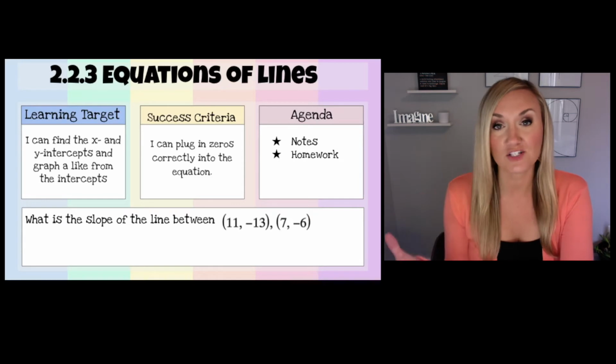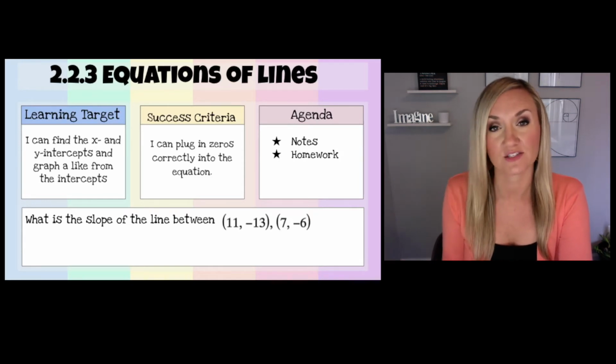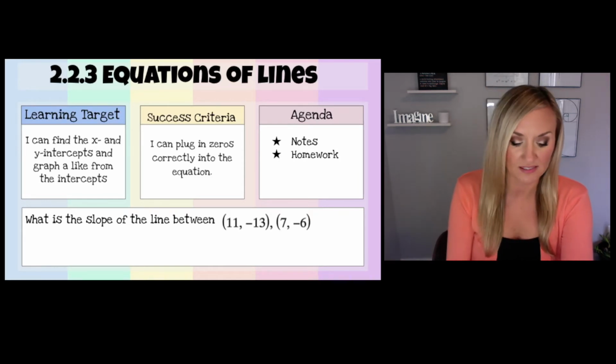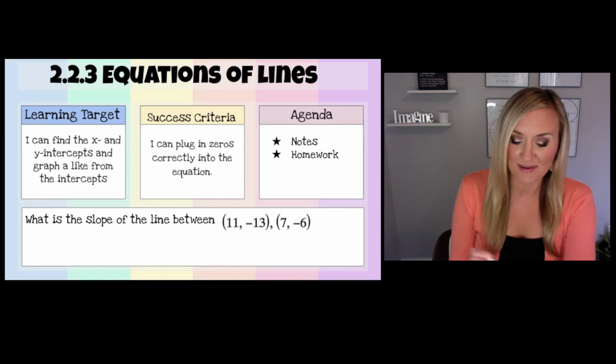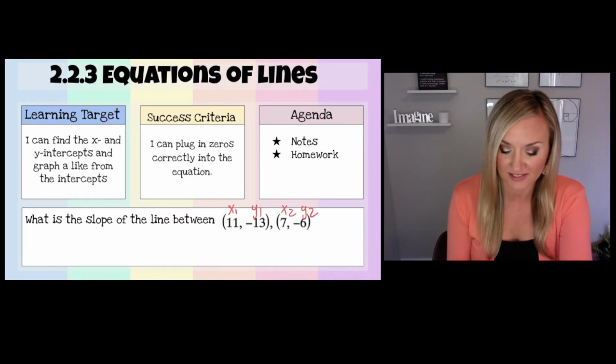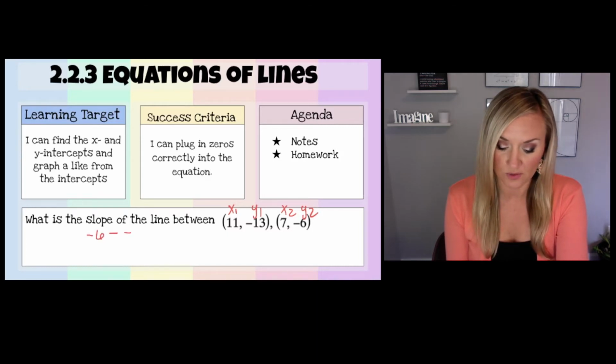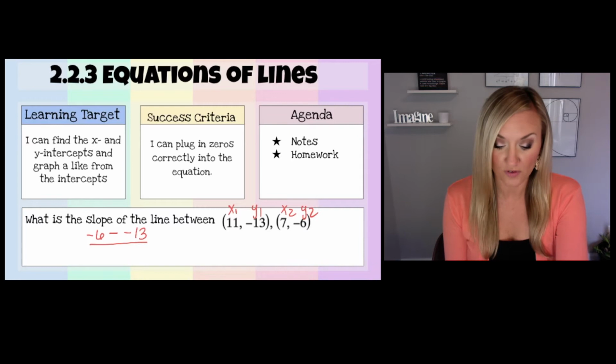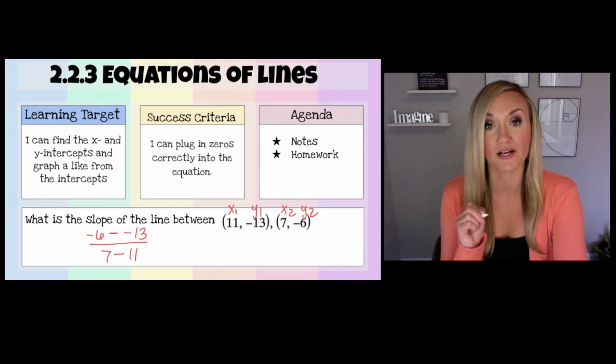Alright, so let's just go ahead and practice finding the slope of the line between 2 points. We're going to do x1, y1, x2, y2. We'll label our points. And remember, to find the slope it is y2, so -6, minus y1, which is -13, over x2, which is 7, subtracted from 11.